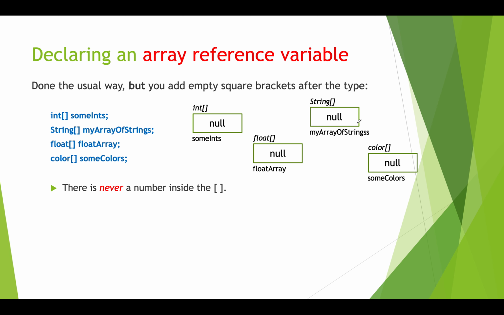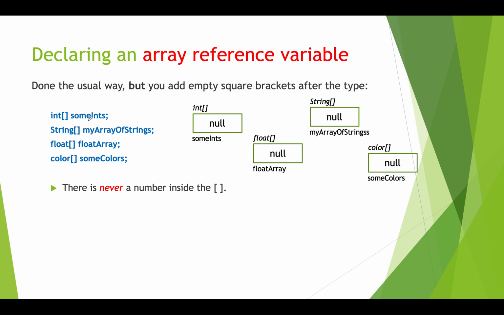So note that when we're declaring the reference variable, we never put a number inside these square brackets because this can point to an array of ints. It can point to an array that has 3 ints in it, but it could also point to an array that has 20 ints in it. So the reference variable doesn't need to know how big the array is that it's pointing at. It just needs to know what type.